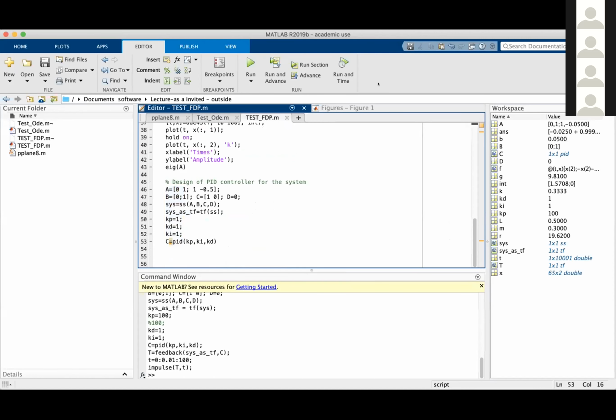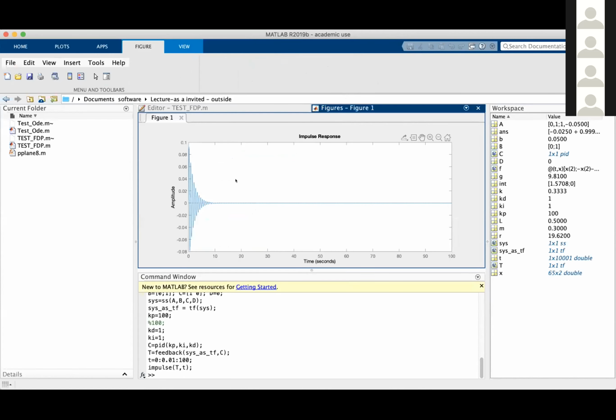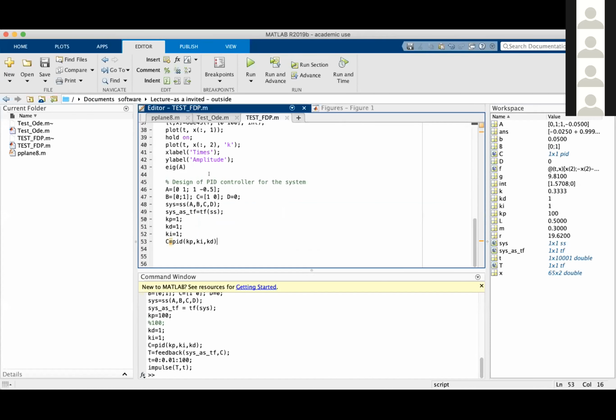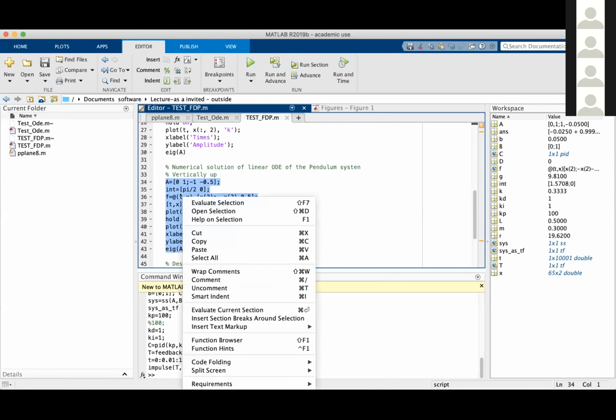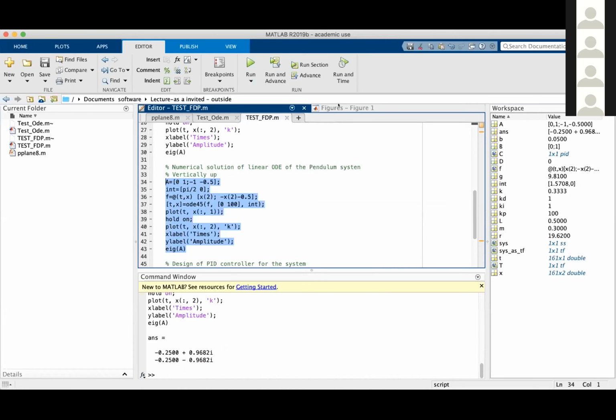In the vertically down position, first let me explain this figure. You see, in the vertically down position, we have lots of oscillation. We have huge oscillation throughout, till around 15 to 20 seconds. But in the other figure, there is less oscillation.